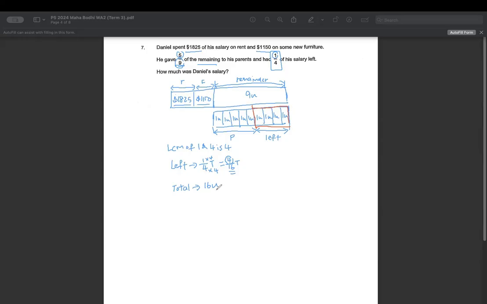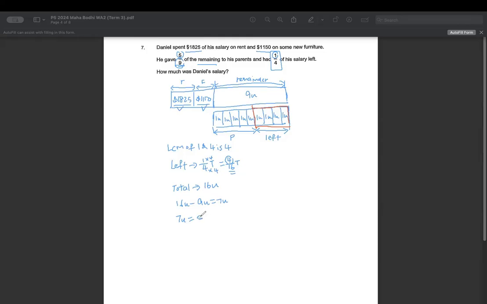Now I know my total is 16, the remainder is 9. So this $1,825 and this $1,150 must be 16U minus 9, which gives me 7U. So my 7 units are these two portions, the $1,825 and the $1,150.